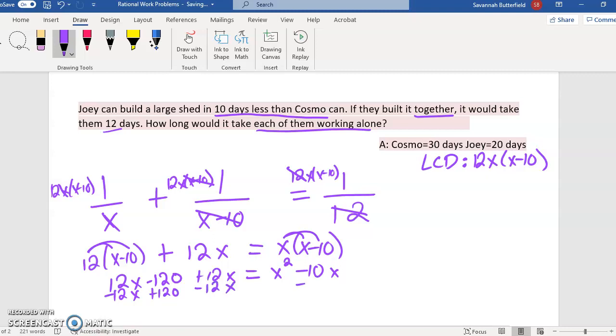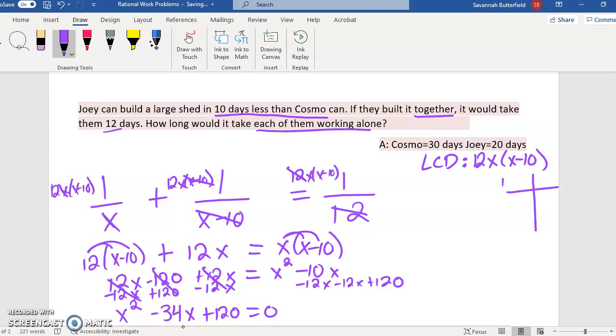So again, minus 12x plus 120. So x squared, he's still there, so we're going to get x squared. Negative 10 minus 12 minus 12, that's going to get us minus 34x plus 120. And we now equal 0 because all three of these went away. So we're going to have to factor 120 and look for a sum of negative 34.